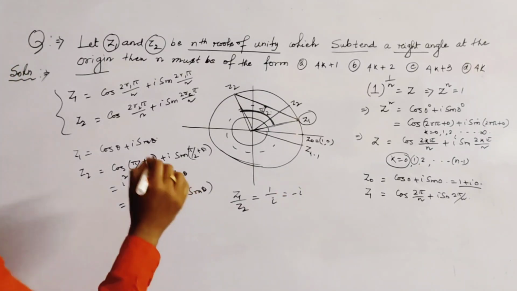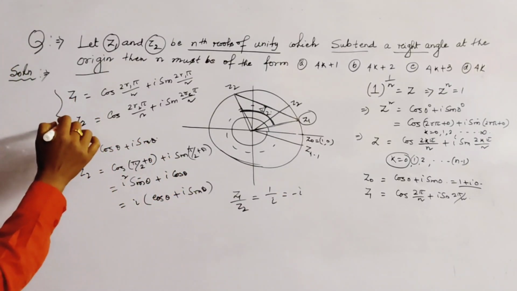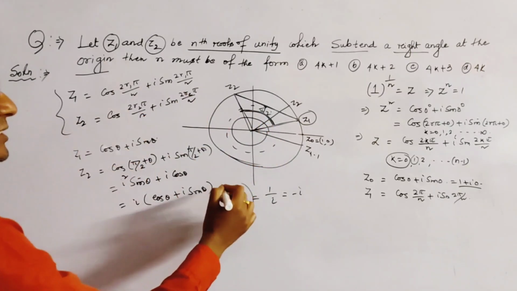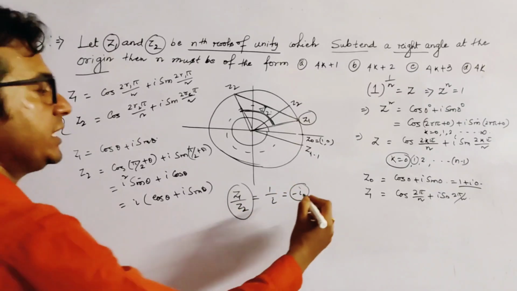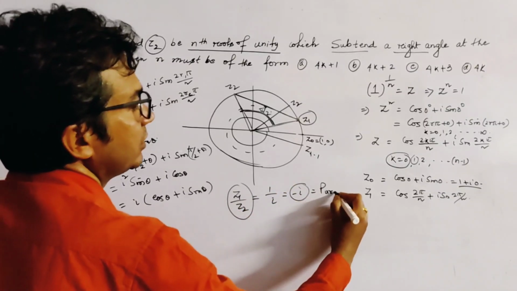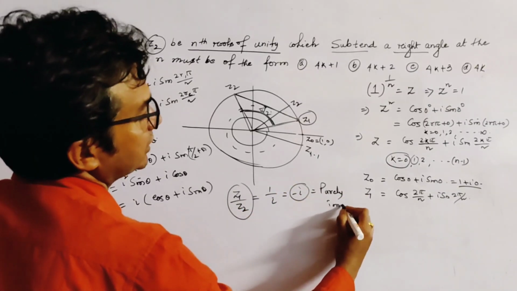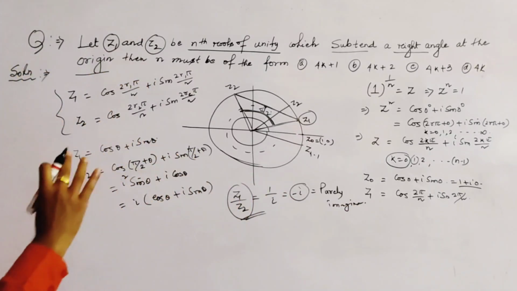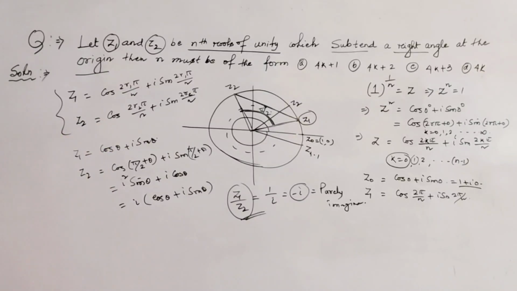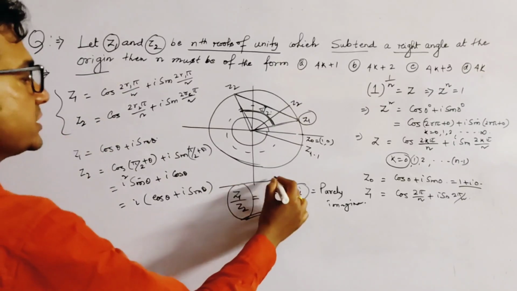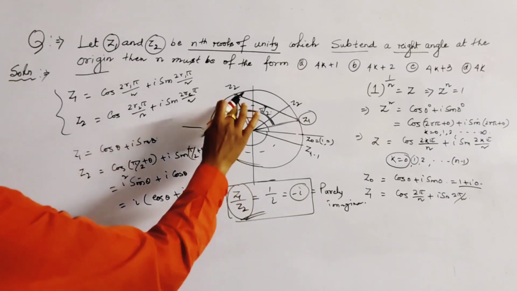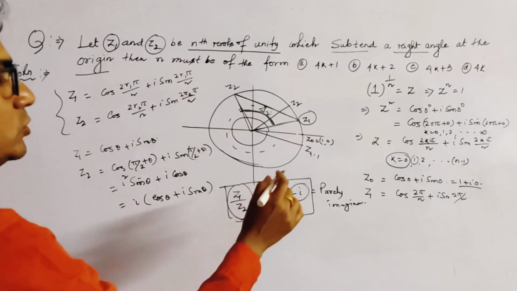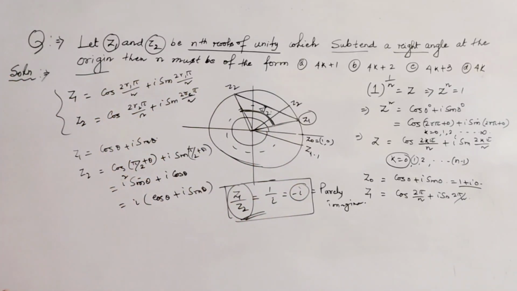Clear? So if z1 and z2 subtend a right angle at the origin, then z1 by z2 must be purely imaginary. This is a very important result for further use, so fix it in your mind.